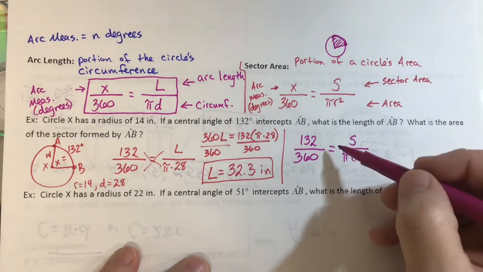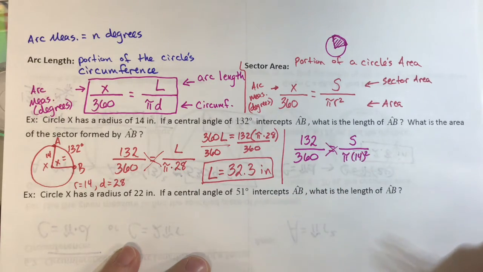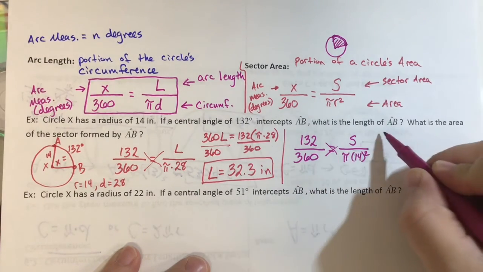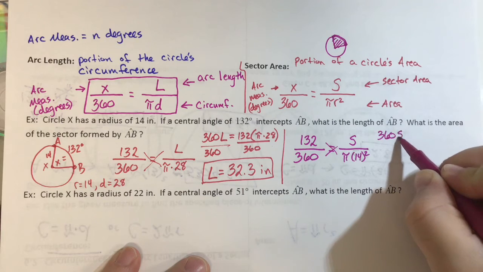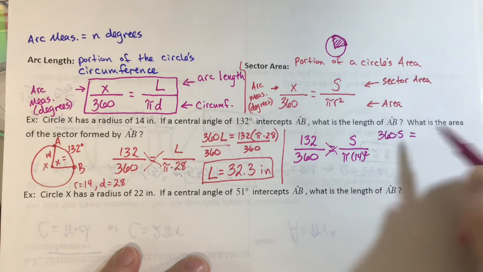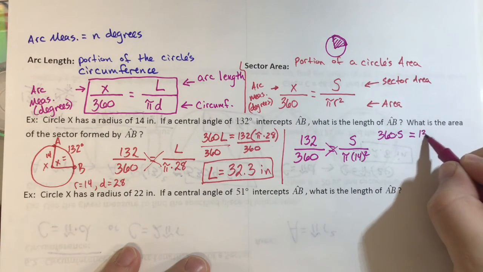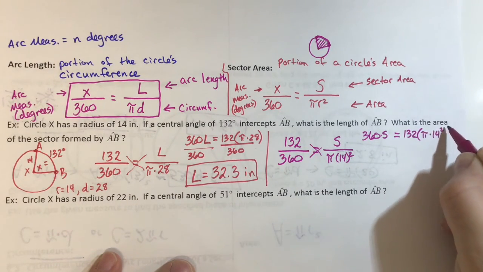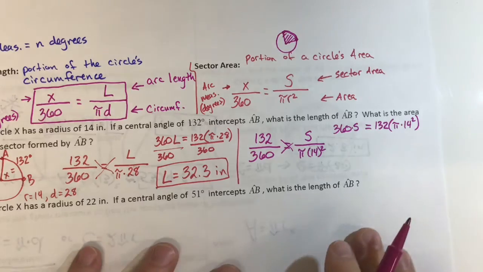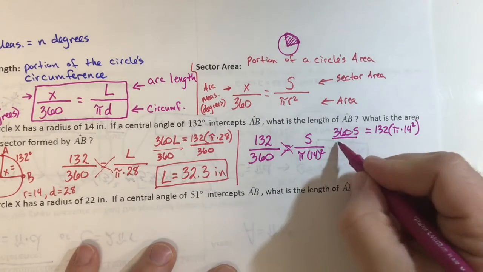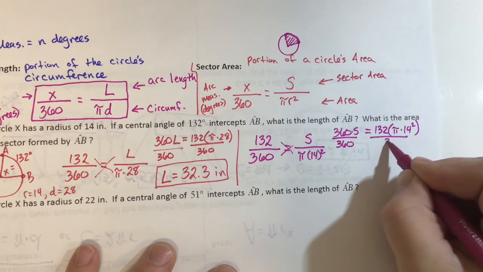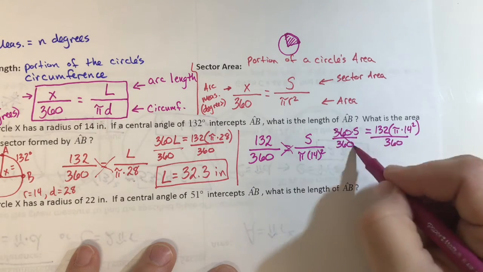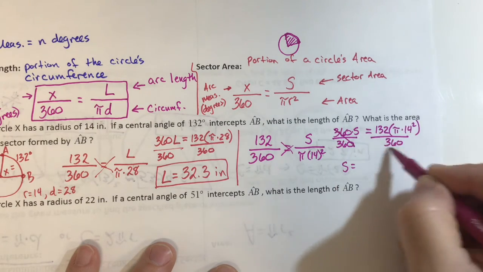So we can cross multiply here to solve for S. What that gives me is 360 times S equals 132 times pi times 14 squared. Then we would divide both sides by 360. And so S is equal to this calculation.